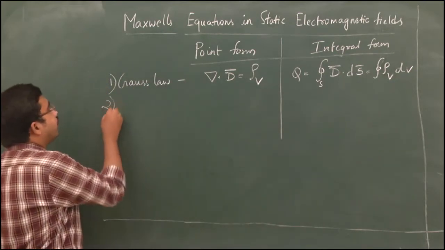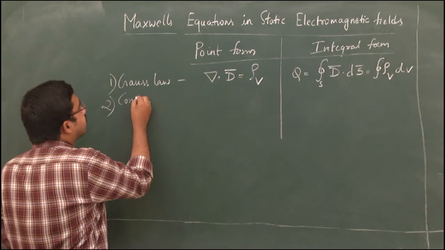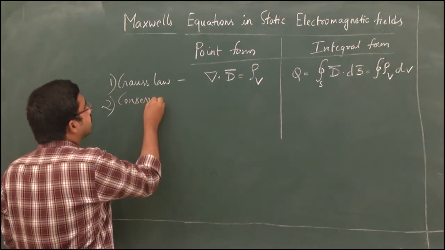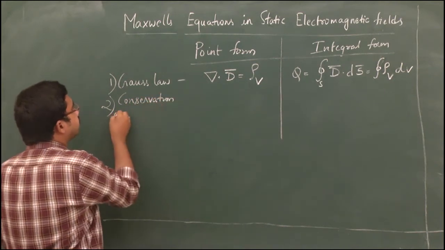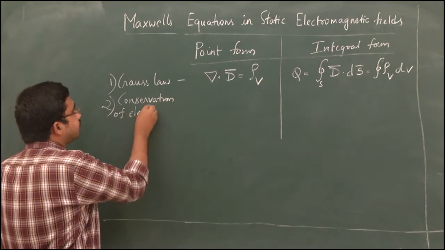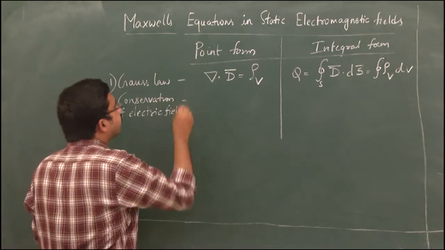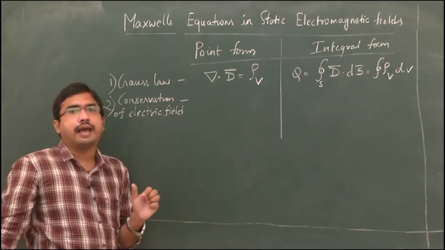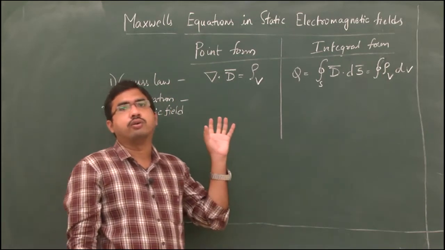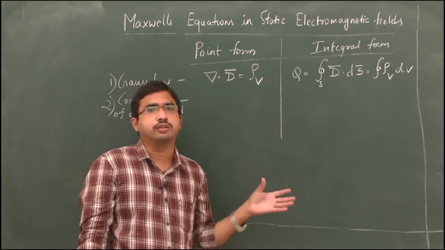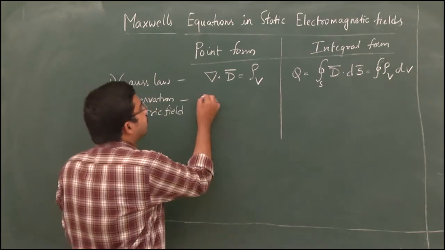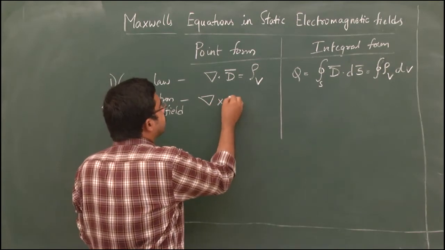Next, we have discussed the conservative electric field, that means conservation of electric field. In this concept, we said that the electric field for a closed path is equal to 0. That means del cross E bar is equal to 0.